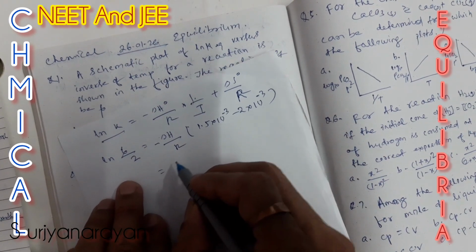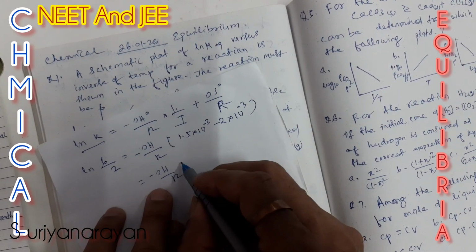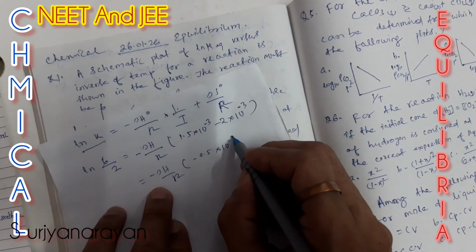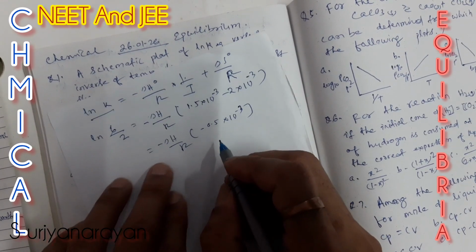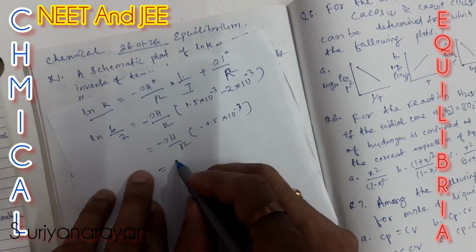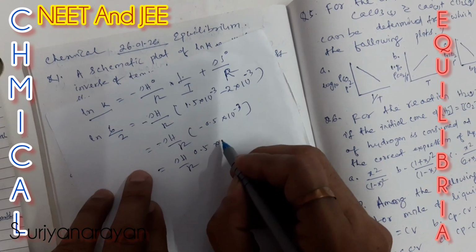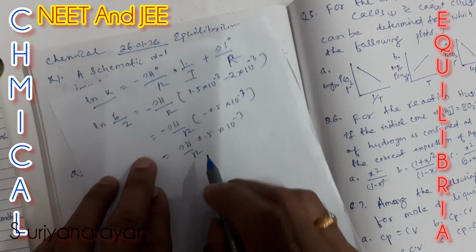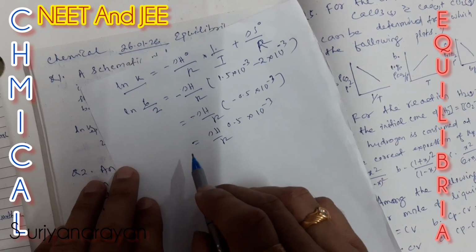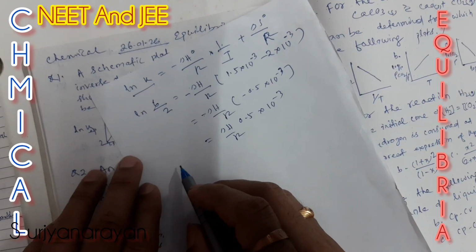So here you will get minus delta H by R, and this is minus 0.5 times 10 to the power minus 3, so this will be positive. So delta H by R is 0.5 times 10 to the power minus 3. So here delta H, you are getting the slope.